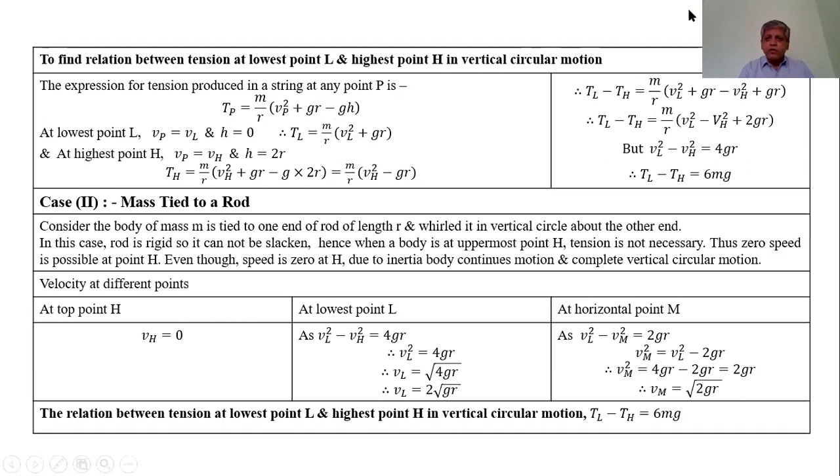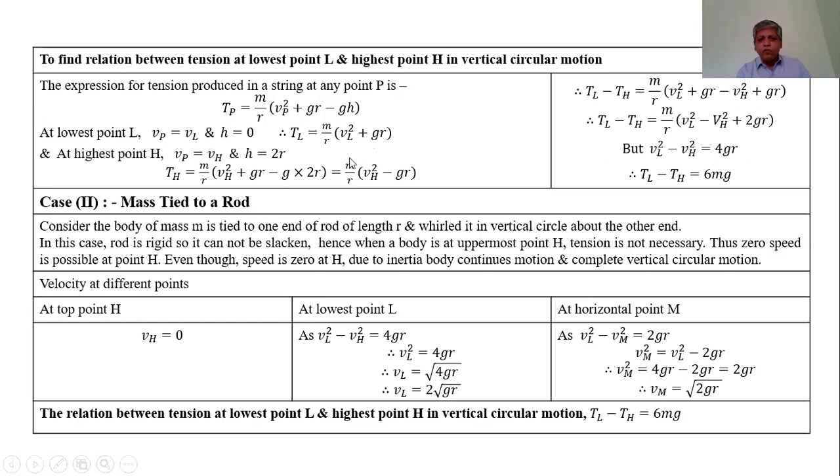Therefore, the difference between the tension at the lowest and highest positions becomes TL minus TH is equal to M upon R into bracket VL square plus GR, minus M upon R into bracket VH square minus GR.